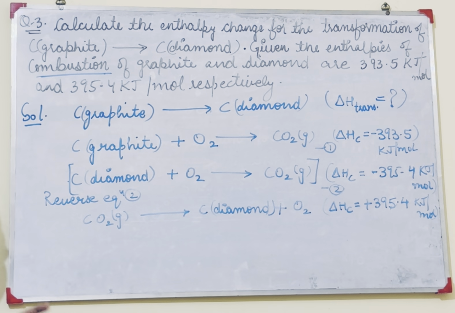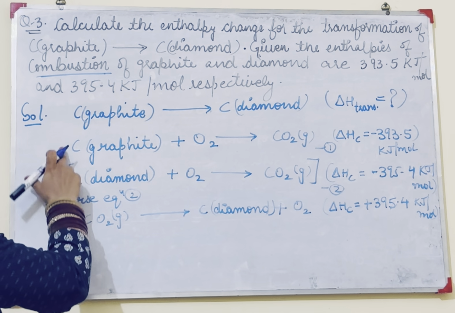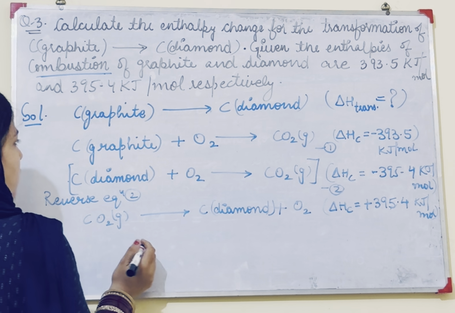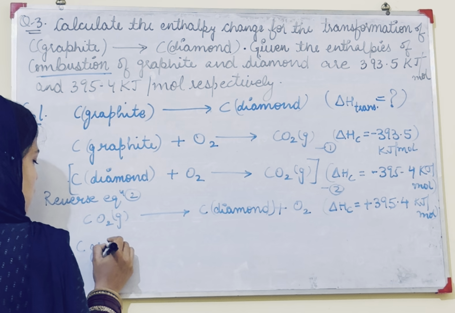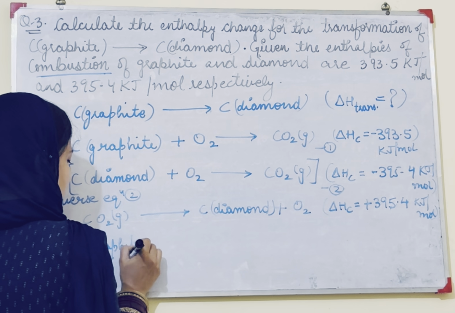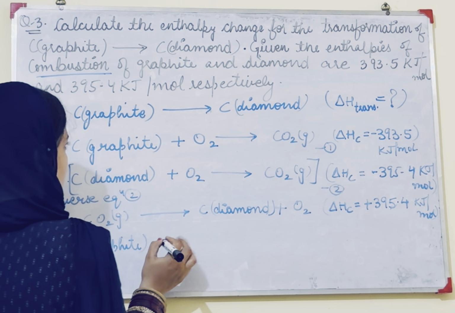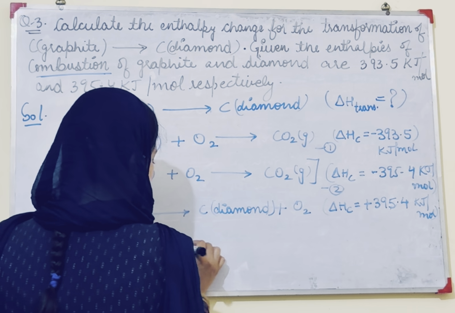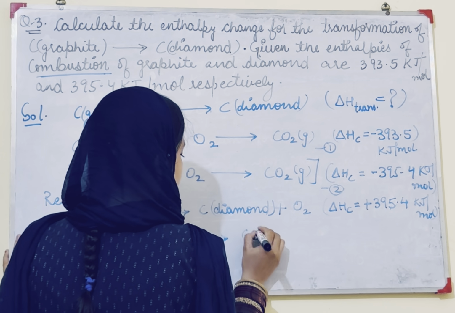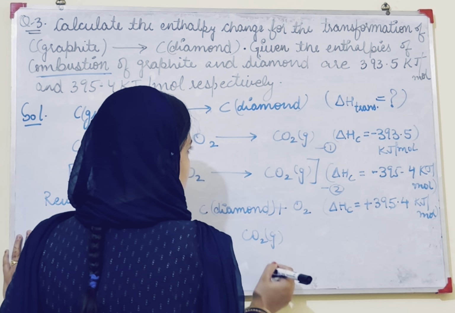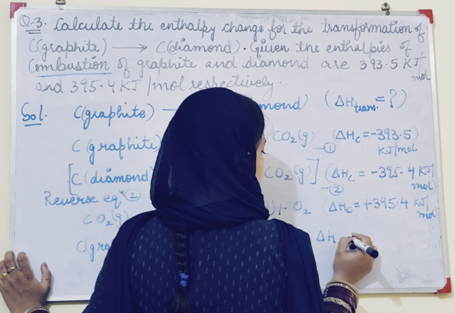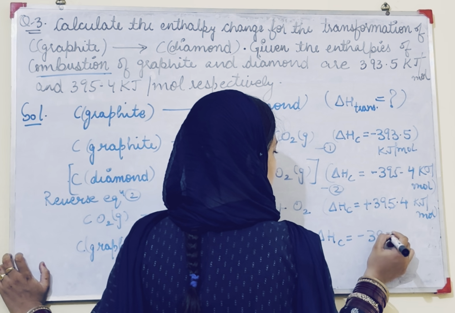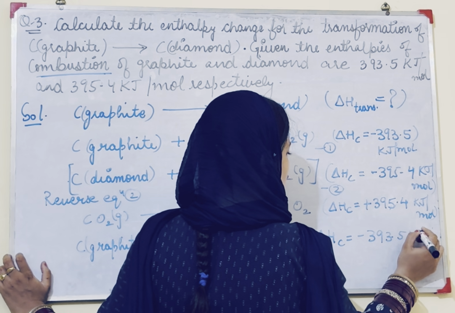So now we compare these two reactions, first and third reaction. Now write down the third reaction. Carbon graphite plus O2 forms CO2 gas, and delta H for this is minus 393.5 kilojoule per mole.